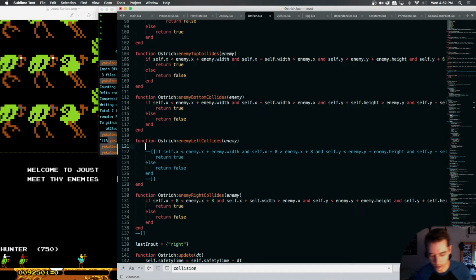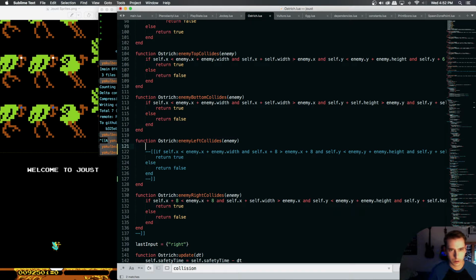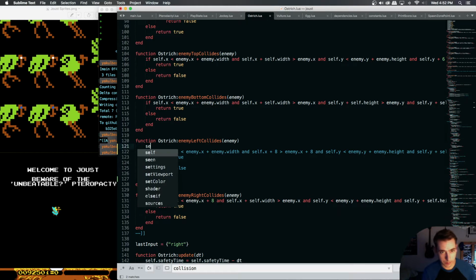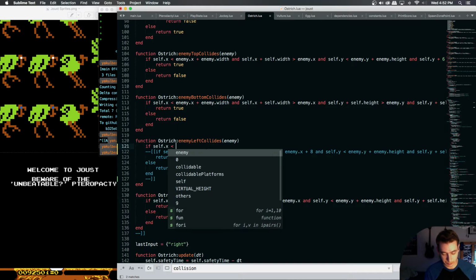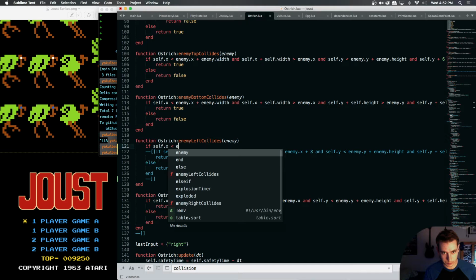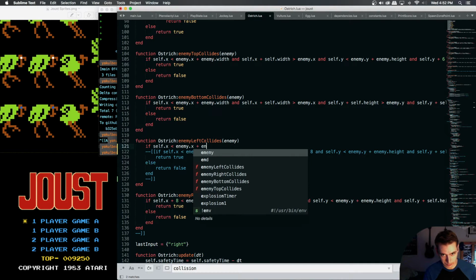So I drew this out, and we're going to have to see if the left side of our ostrich collides with the right side of a vulture. So we're going to see if the left side of our ostrich is smaller than the right side of our enemy, which would be enemy.x plus enemy.width.